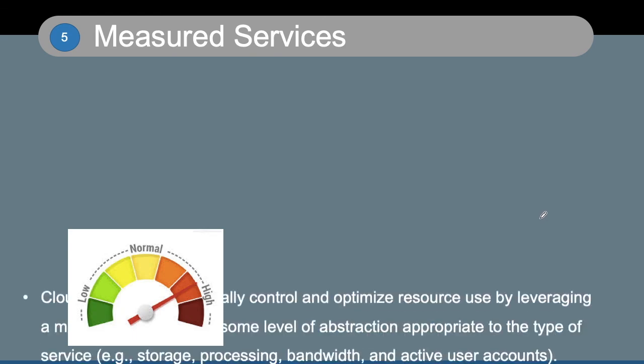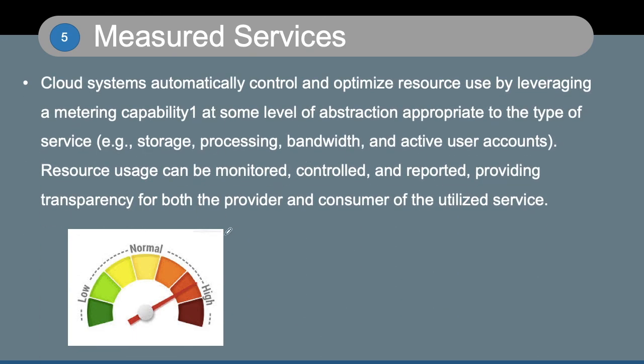Measured service. Every service which is being used in a cloud environment is monitored, controlled, and reported, and it provides transparency to both the provider and the consumer of the utilized services.